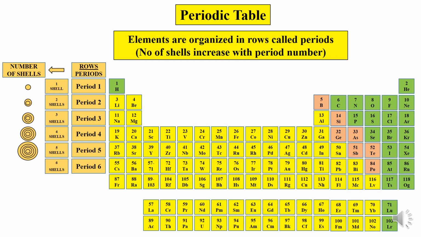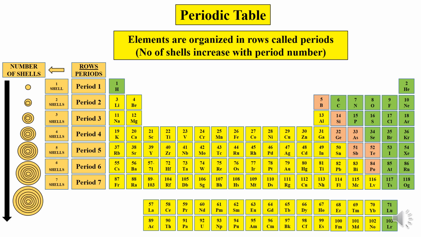Period 6 elements have 6 electron shells. And period 7 elements have 7 electron shells. And down the group, you can see as the number of shells increases, the size of the atom also increases.